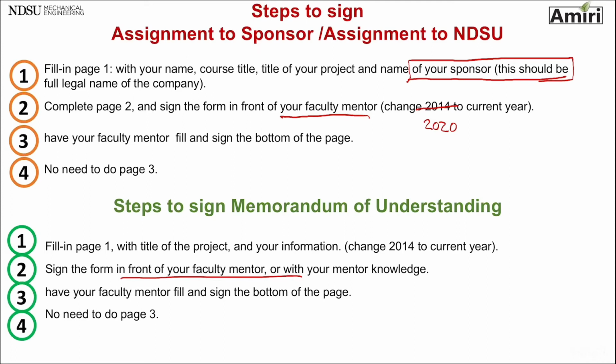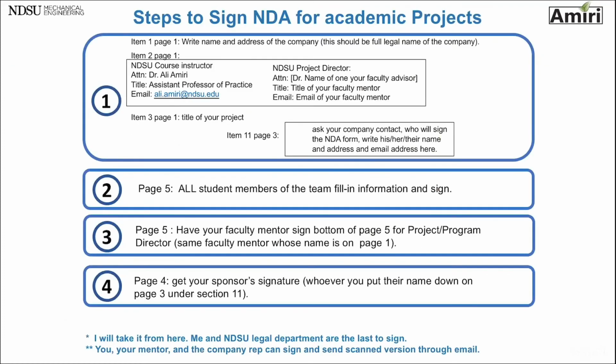For both of these forms, page 3, do not fill it, do not sign it, do not even include it. That's for if there's a minor signing the form, which for senior design, we don't have in our course.